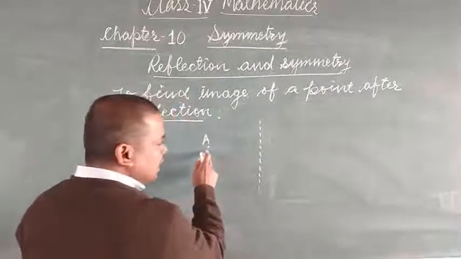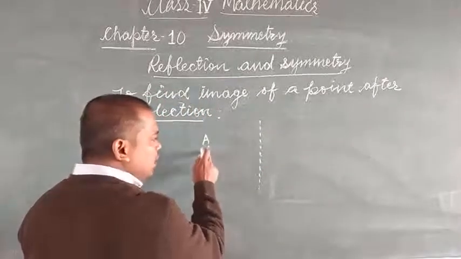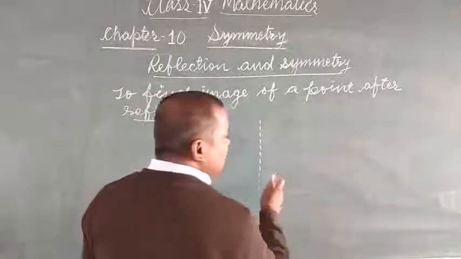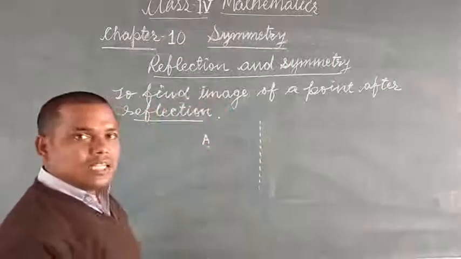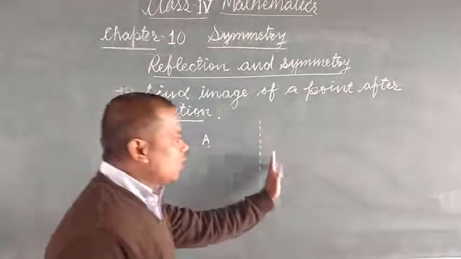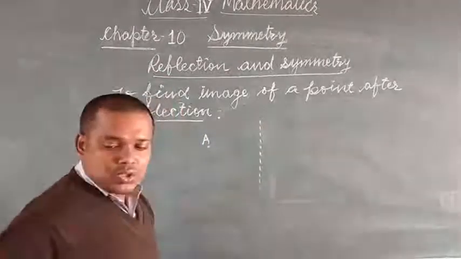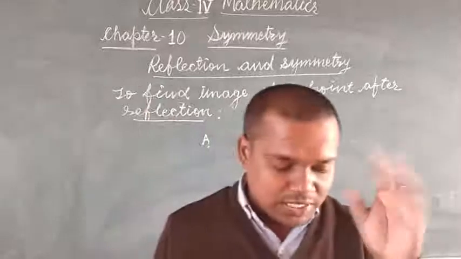It means this point on this side, where will it be? That is the reflection of the point around this line. So for this we have the working rules.